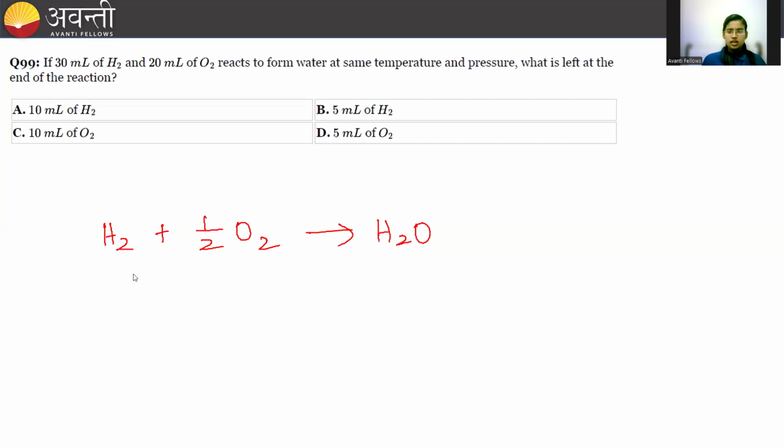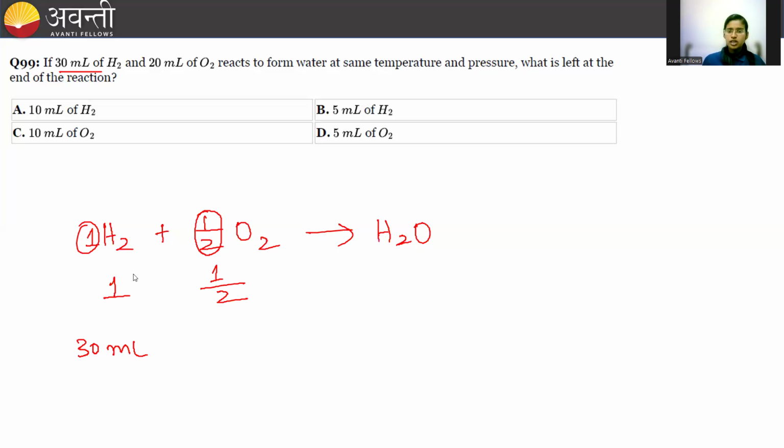Okay. And here we have the number of moles of hydrogen as 1 and the number of moles of oxygen as 1 by 2. Okay. And from the given question, 30 ml of hydrogen is reacting. Means half of hydrogen's volume is reacting with oxygen.